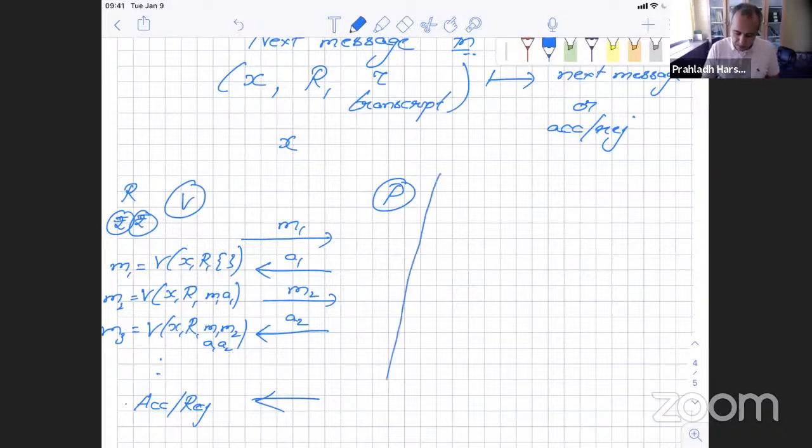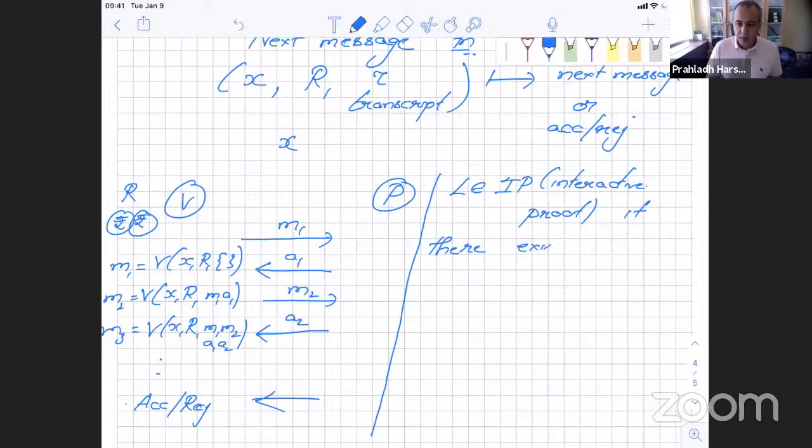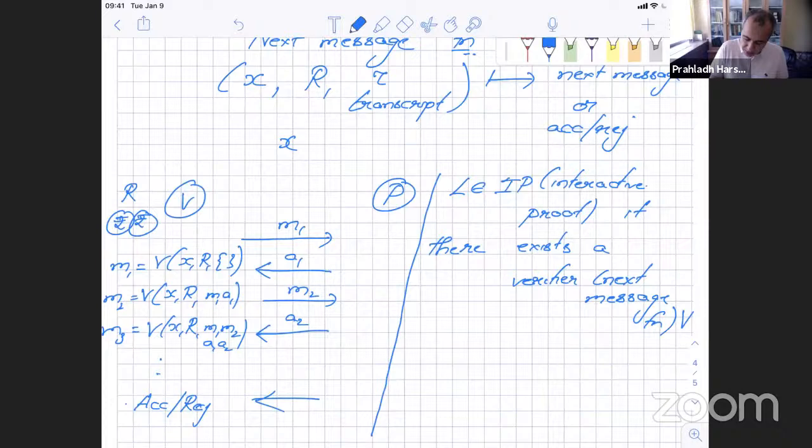And we'll now say L is in IP, short for interactive proof, if the following holds: there exists a verifier V. Basically, the verifier is just a next message function, and it is also randomized, so it takes two types of inputs, X and R, such that the following are true.